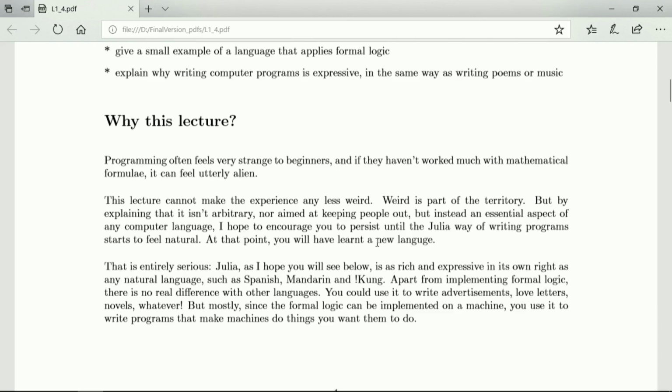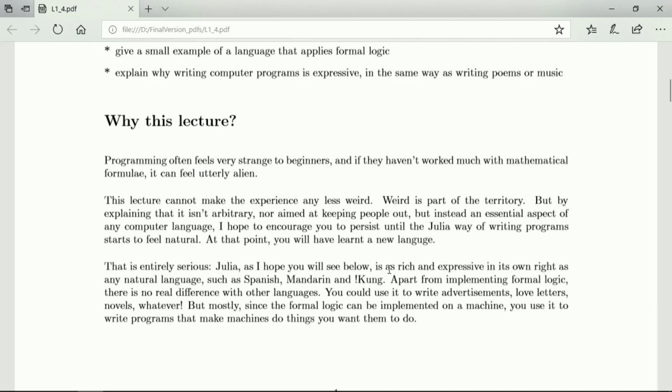And I'm totally serious. As I hope you will see below, Julia is as rich and expressive in its own right as any natural language, such as Spanish, Mandarin, Kung, or the other thousands of languages on earth that human beings speak. So there's no real difference between a computer language and a natural language, except that a computer language strictly observes formal logic.